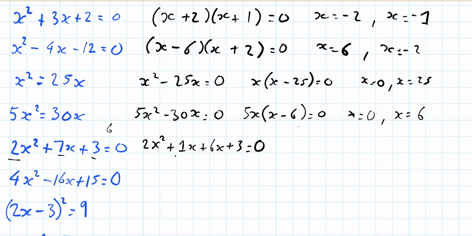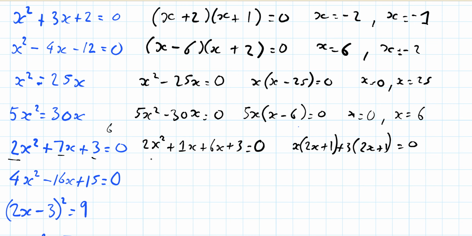So now I'll start factorizing. So I have 2, oh sorry, I'll take x out. I have 2x plus 1. And same on the other side, and this one should be a plus 3 equals 0.